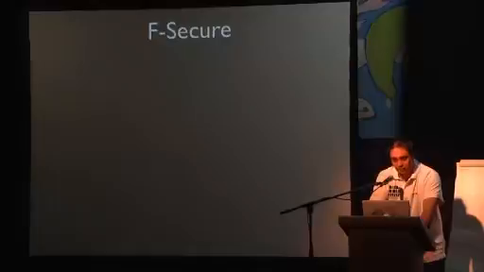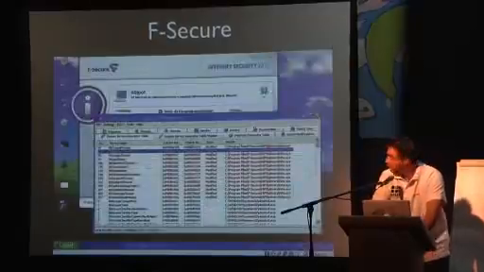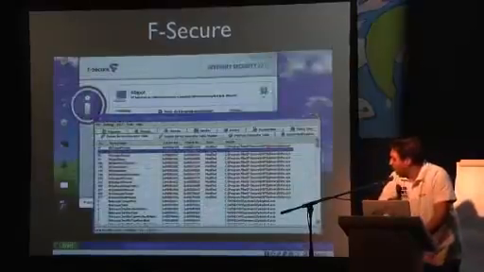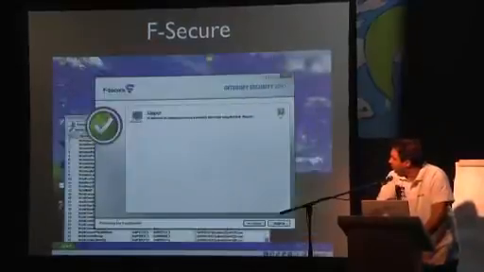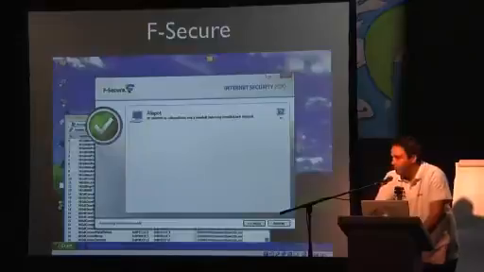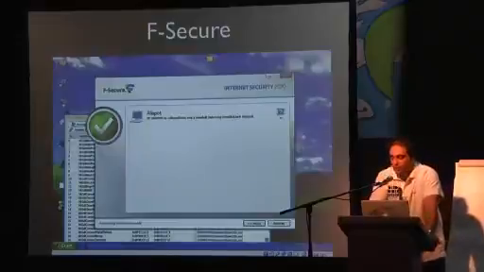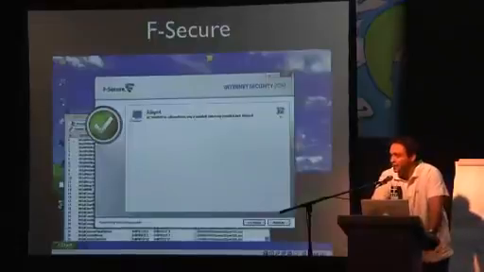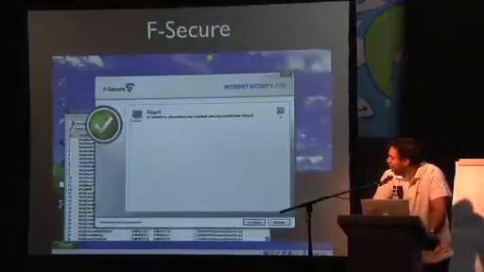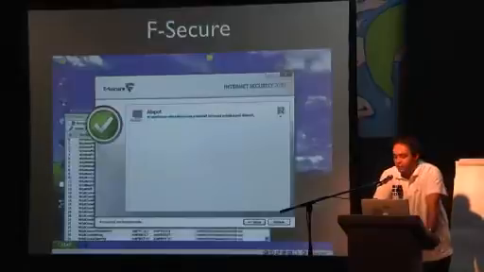F-Secure is a weird product. It did something strange. It didn't have that many hooks, but it did have some, and loss of sys file resulted in this. What should I say? We're sitting there watching the status, but we can't see what sort of a status it is because there's no error message.